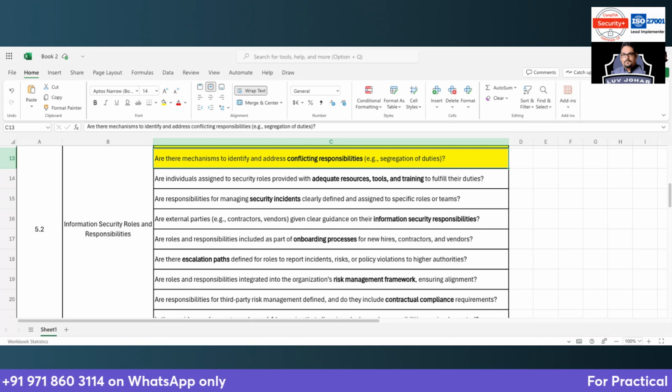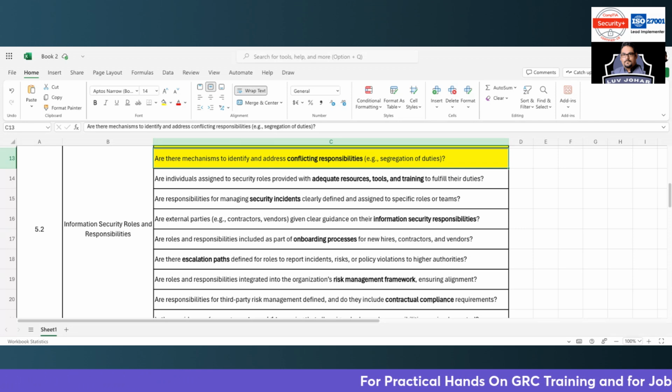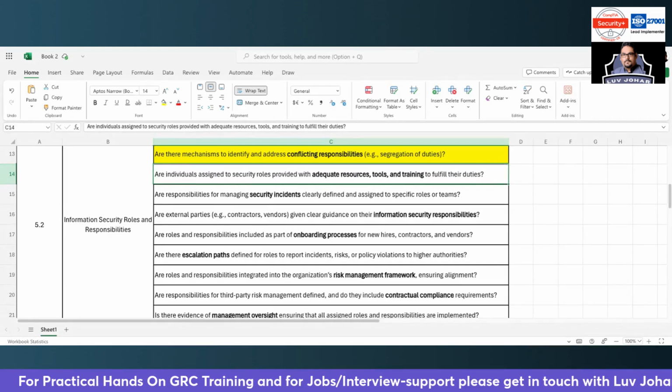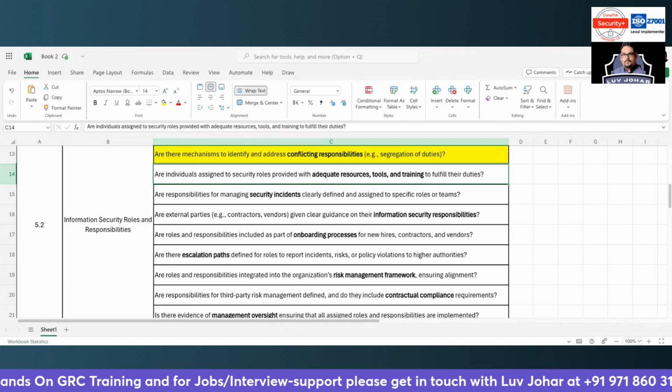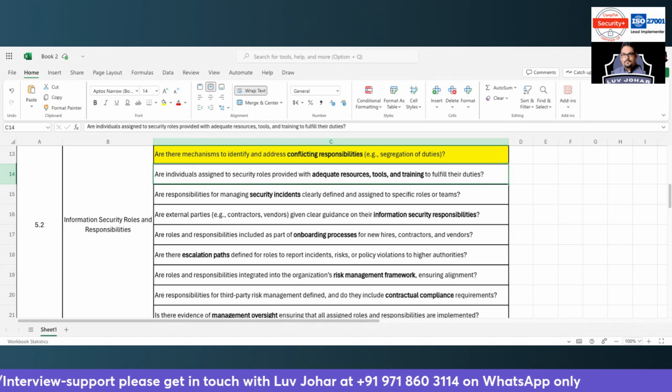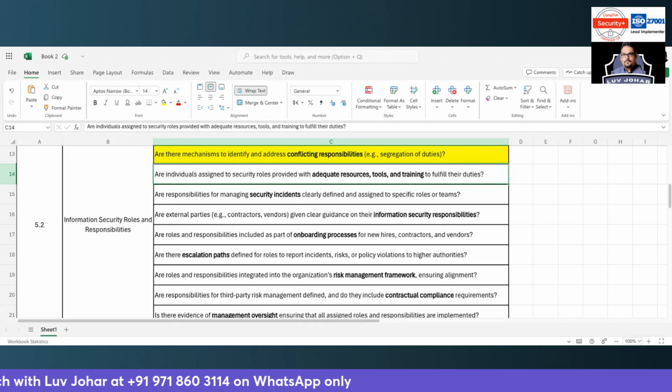There should be segregation of duties here because this can be a big issue. So we need to make sure it is not happening. Similarly, the backup admin who is taking the backup should not be restoring it. Somebody else should be restoring it so that they know whether the process is working or not. That's why segregation of duties is important.